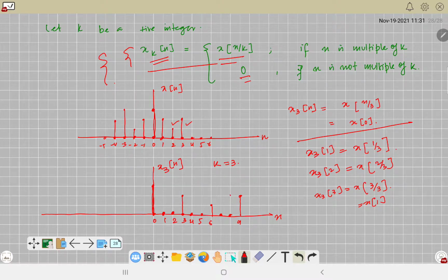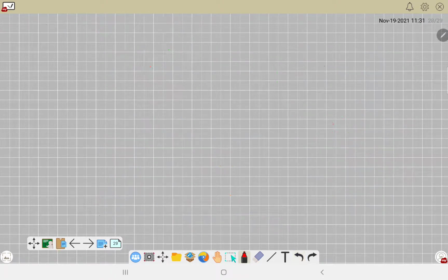Like in this case, between every sample and the next one, we will have 2 samples whose value is 0, and the same goes for the negative axis. We will have 2 empty samples, then -1 will be mapped here, then again 2 empty samples, then -2 will be mapped here, and likewise. Okay? So this is a better way of expressing the time scaling operation.